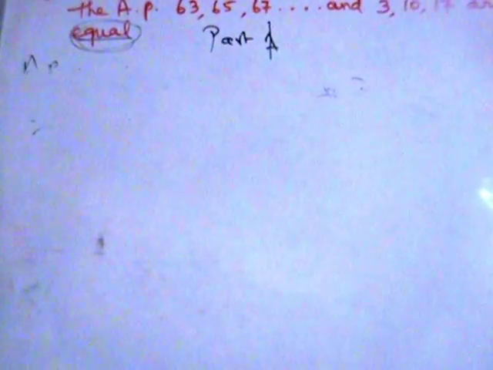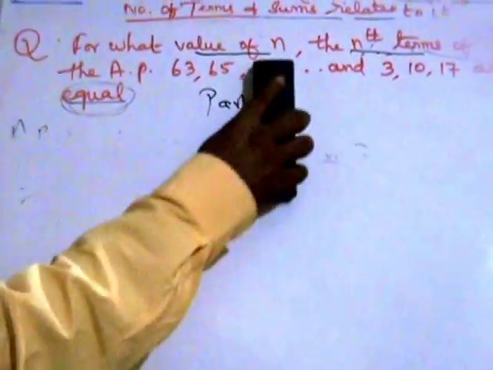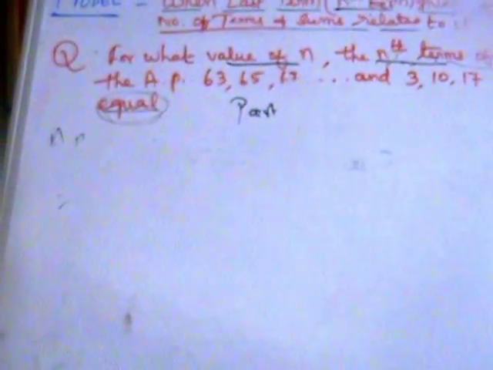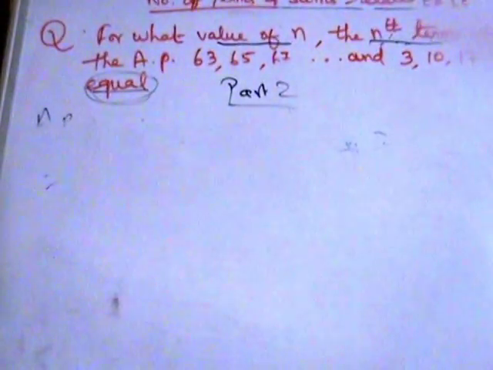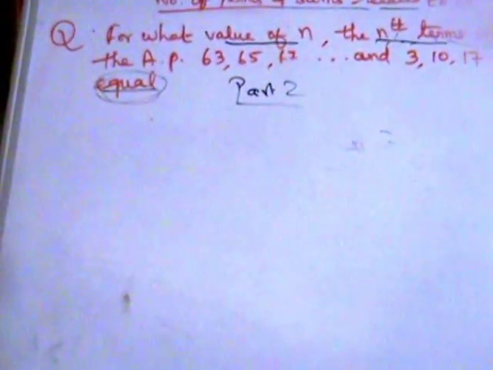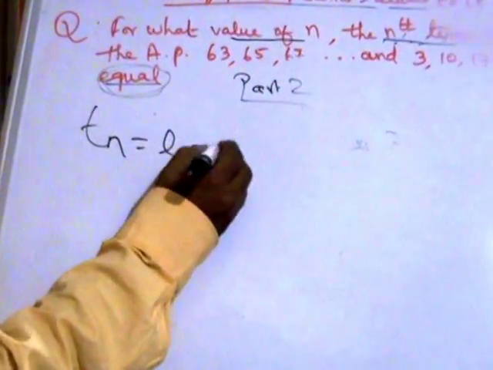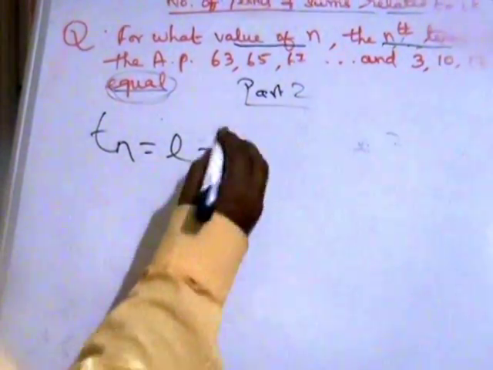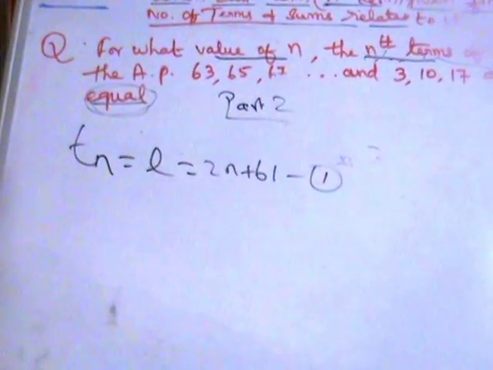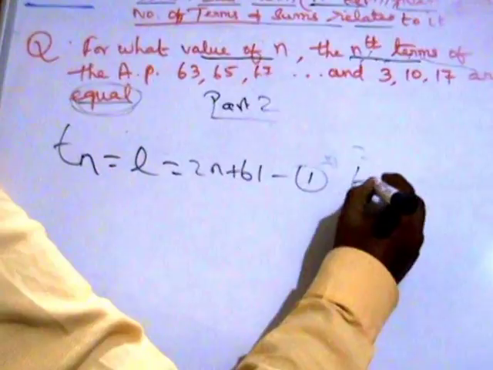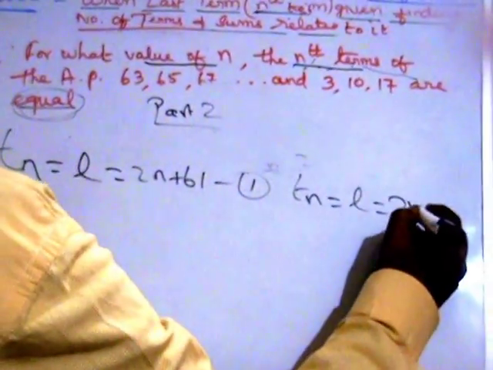So from part 1 we'll make it part 2. From part 1 what we got was, Tn is nothing but called by the word L. L is equal to 2n plus 61. This is equation number 1. And again you get Tn equal to L is equal to 7n minus 4.